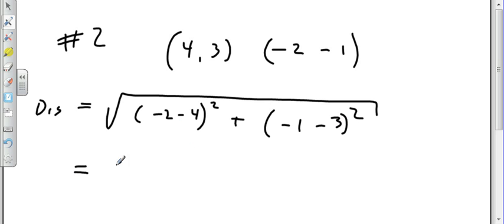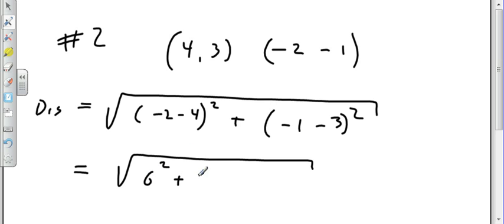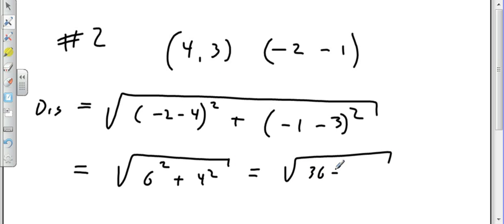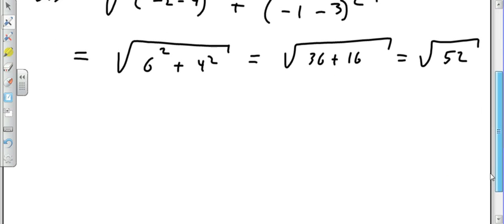Let's say that's the square root of 6 squared plus 4 squared. At some point in the operation, we'd want to put it in our calculator, I suppose. Square root of 36 plus 16. Square root of 52.